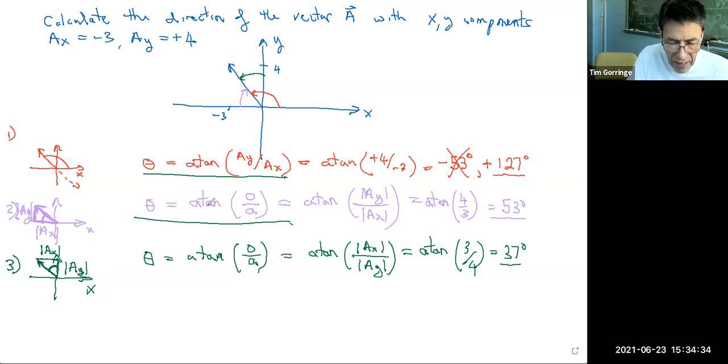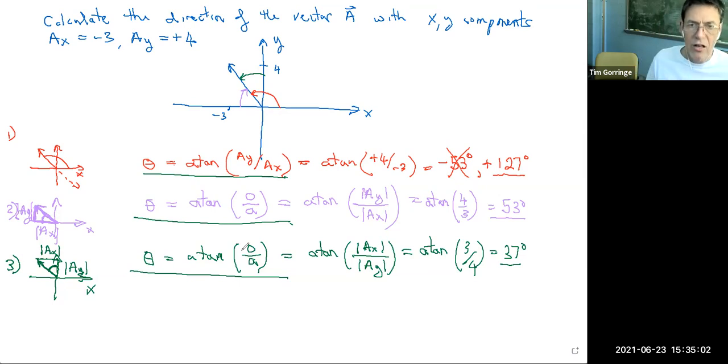And then we calculated the inverse tangent of the size of the opposite to the size of the adjacent side of the triangle. And then we thought about the angle with respect to the vertical. We also thought about a different triangle, and we calculated the angle for that different triangle based on the inverse tangent of the ratio, the size of the opposite to the adjacent of the triangle.